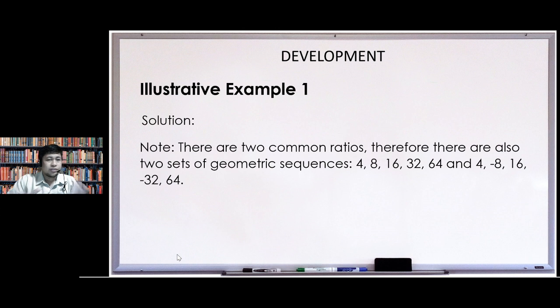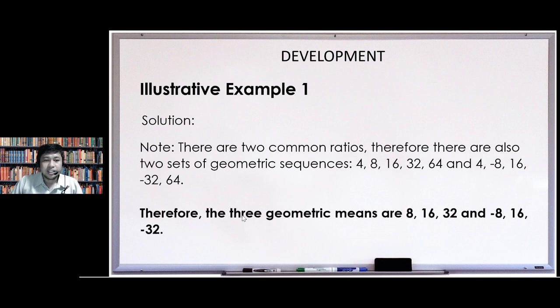Okay. So same goes with the negative common ratio. If we have 4 times negative 2, that will give us negative 8. And negative 8 times negative 2 will give us 16. Then lastly, 16 times negative 2 will give us negative 32.